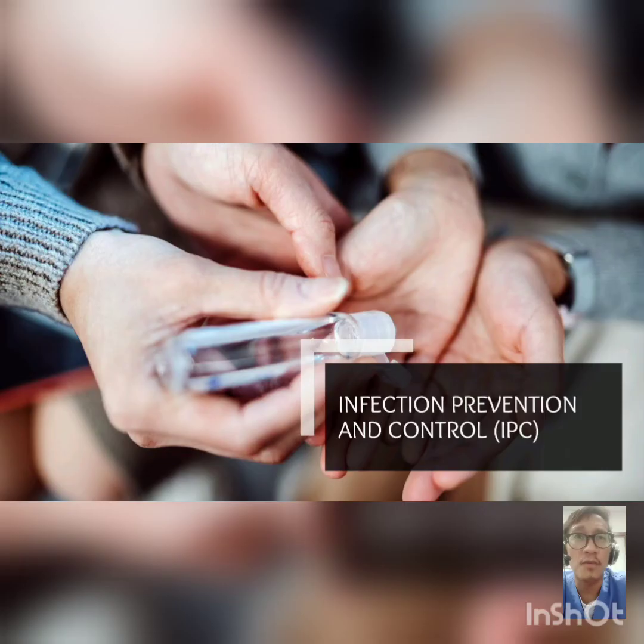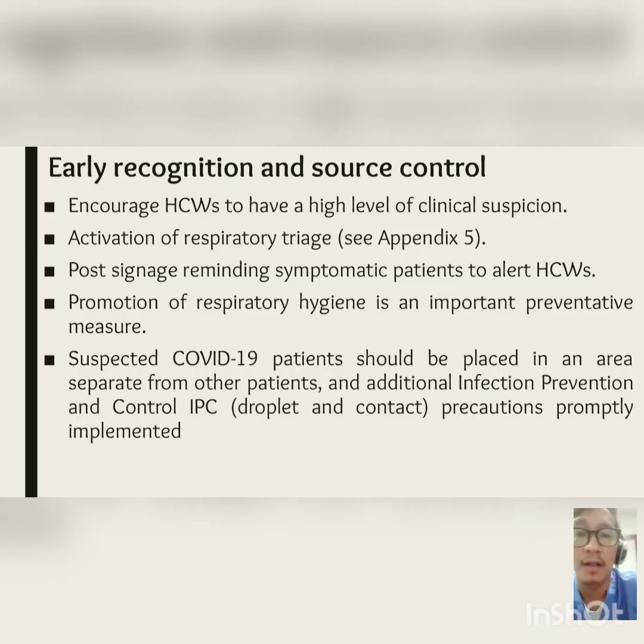So let's discuss now the infection prevention and control guidelines or measures that we need to partake in order to prevent or control the transmission of COVID, especially in the healthcare settings. The first principle of infection prevention and control strategies associated with healthcare for suspected COVID-19 is early recognition and source control.